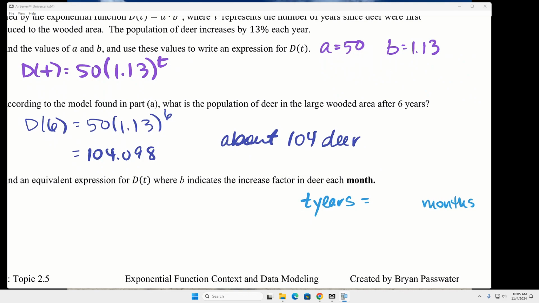So if you know how many years have passed, what do you do to that value to figure out how many months have passed? Multiply by 12, so it would be 12t months. And so this is going to be the outside exponent.